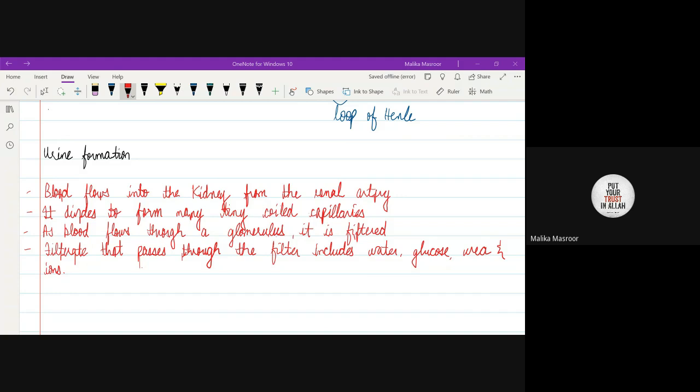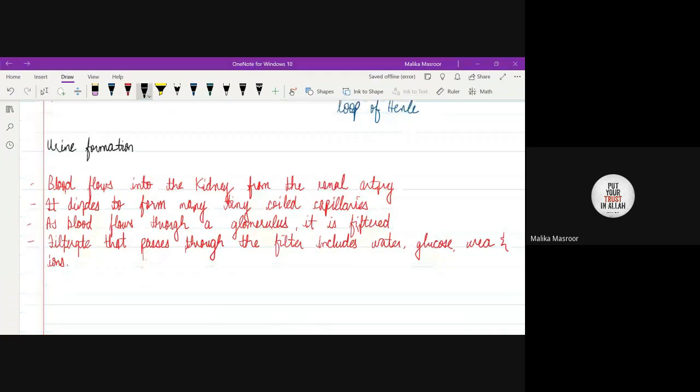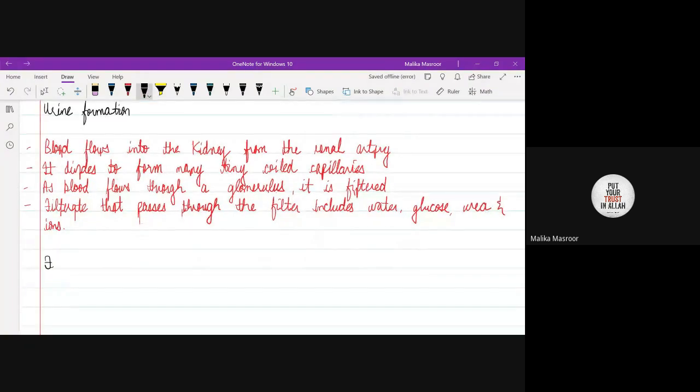Okay, great. So basically, there are two main processes that are involved in your urine filtration. You have filtration and reabsorption. Okay, at this stage, these are two. When you go into A levels, inshallah, there will be more detailed processes.